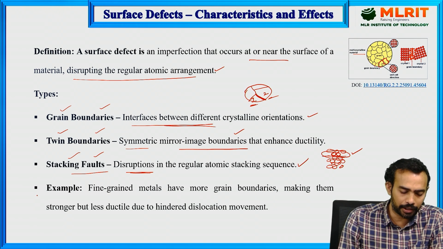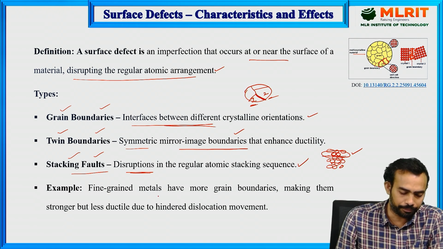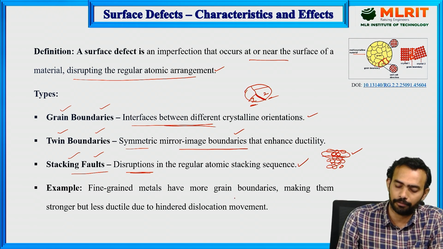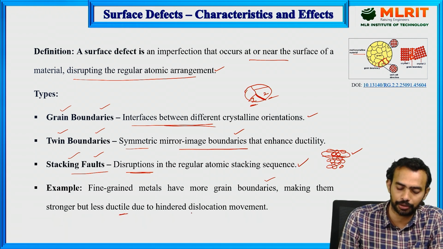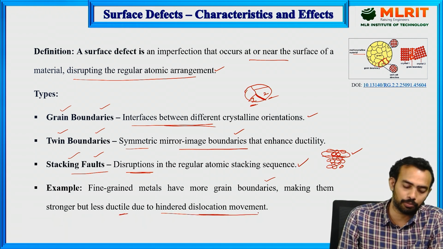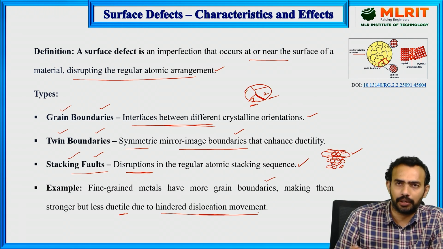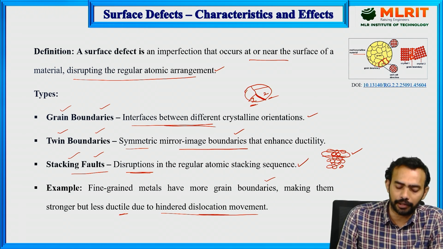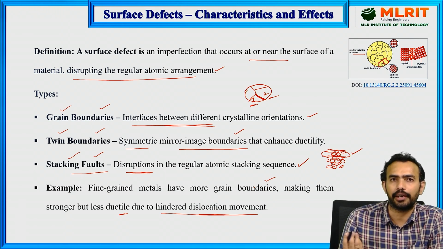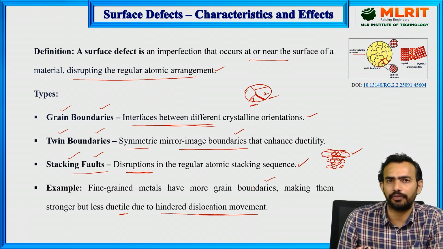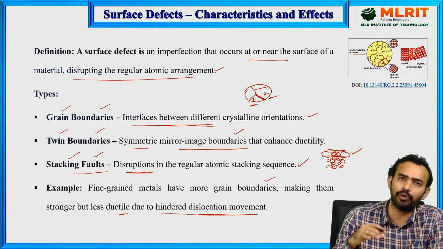So if you look at an example, fine-grained metals have more grain boundaries, making them stronger but less ductile due to hindered dislocation movement. The metal which is having fine grains will be having more grain boundaries. That means grains are very, very small in size. As the grains are very small, the grain boundary regions, the interfaces, will become more.